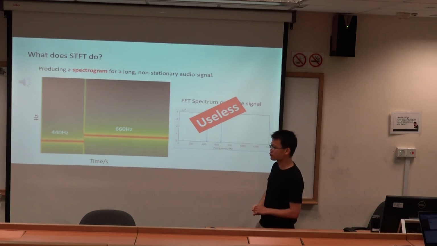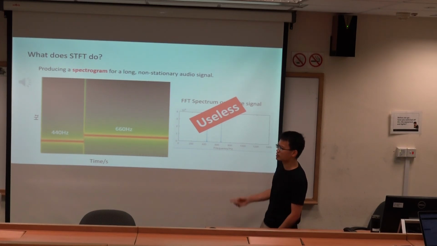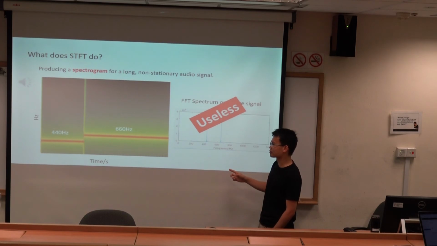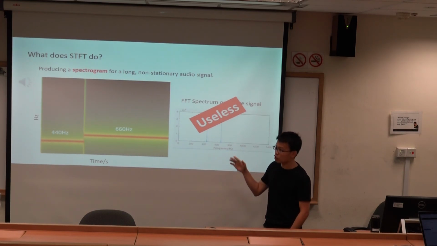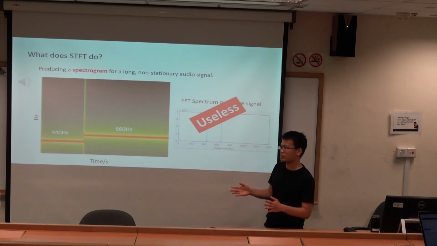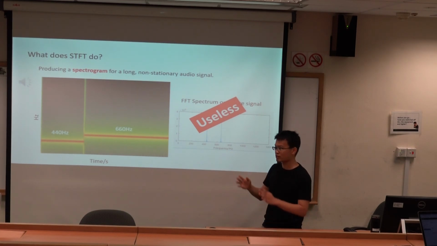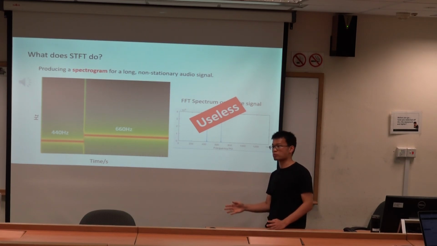But if you just add zeros, for some very low frequencies, you're not able to detect them by padding zeros, but you can detect them by increasing the frame size, right?